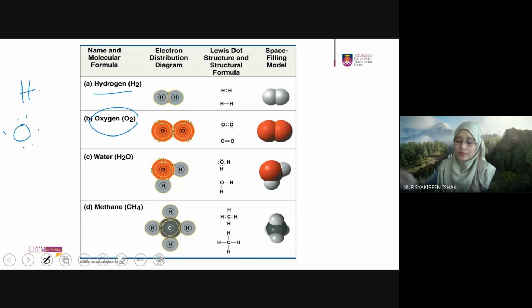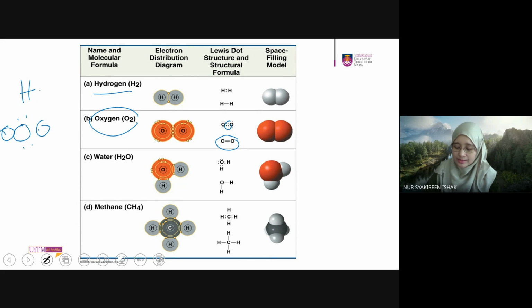In the oxygen molecule, the 2 oxygen atoms will share 2 pairs of electrons to form a double covalent bond. So each oxygen atom in an oxygen molecule now obeys the octet rule. No electron remains unpaired.